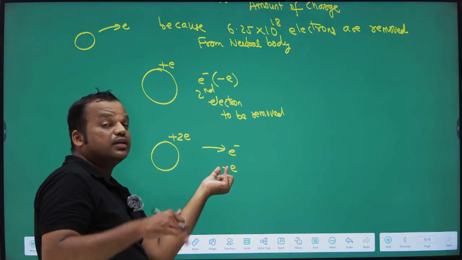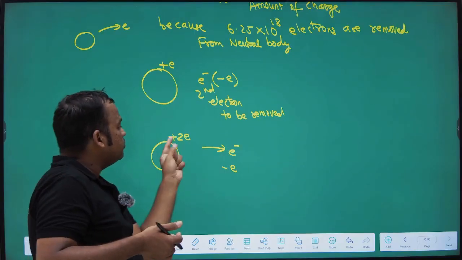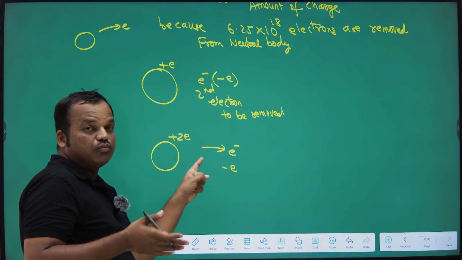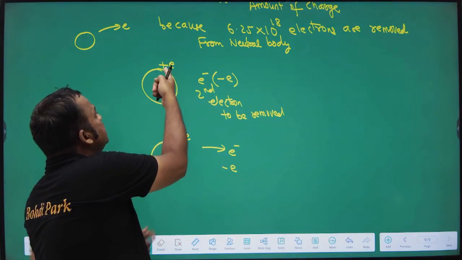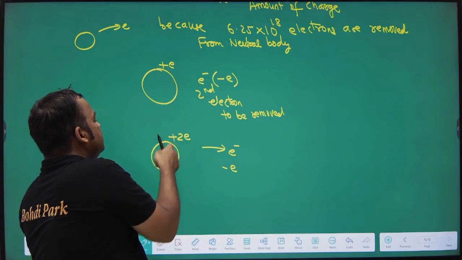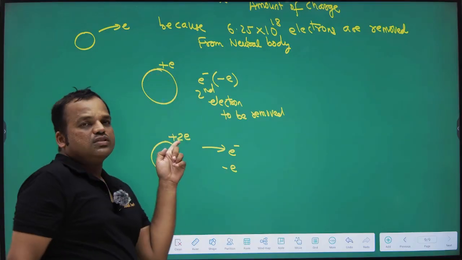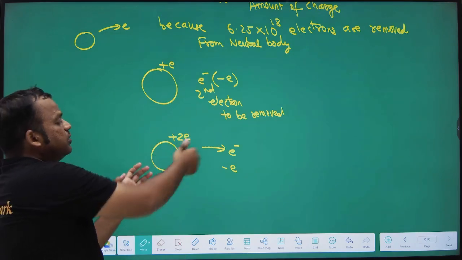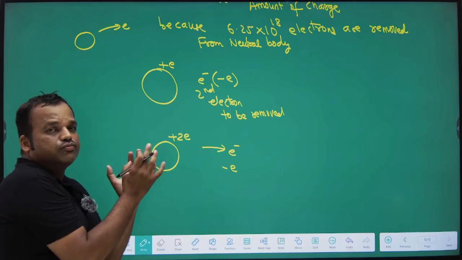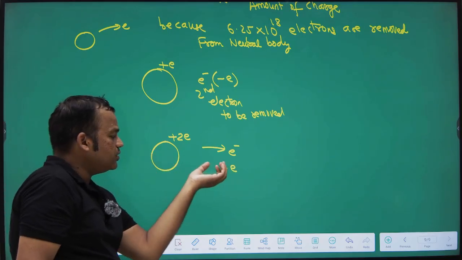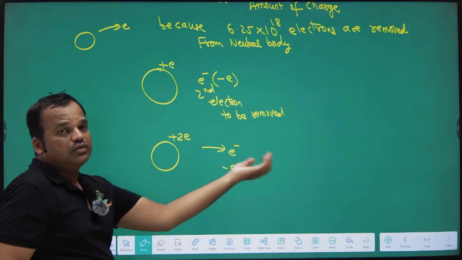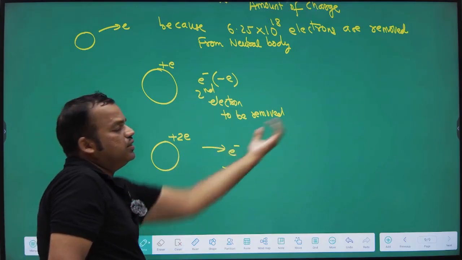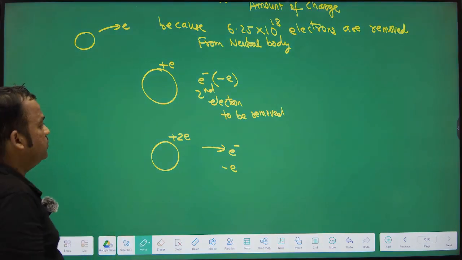You have to exert greater force now to remove it, because the attraction force is more, because previously the charge was plus E, now the charge is plus 2E. So as more and more electrons are removed, the required force is also more. So the required work done is also more.